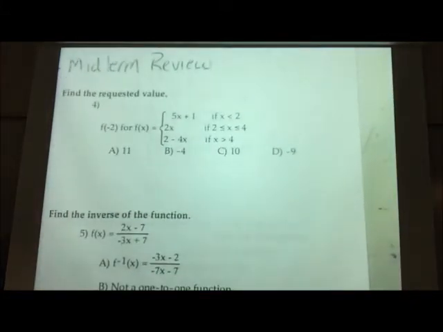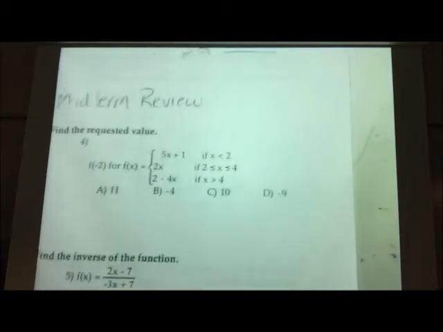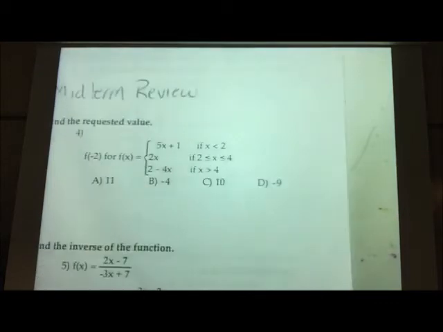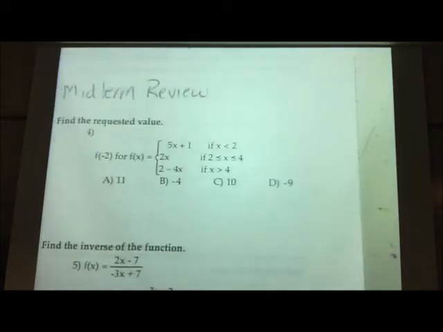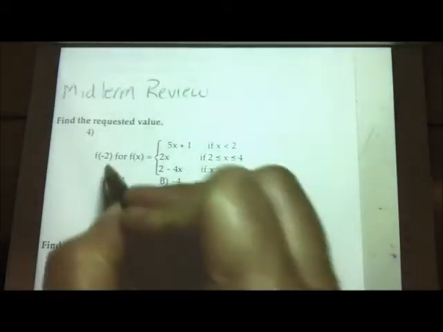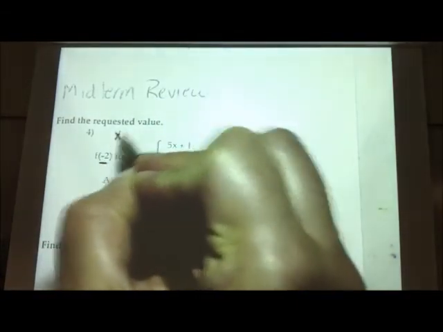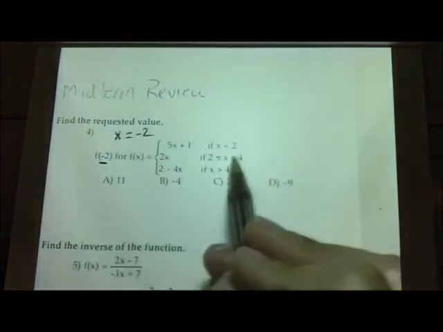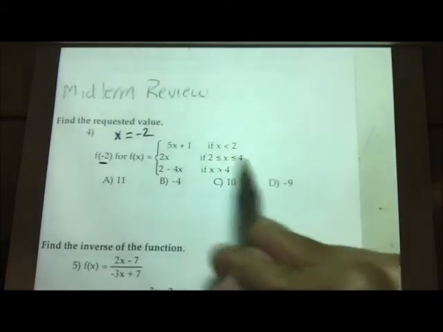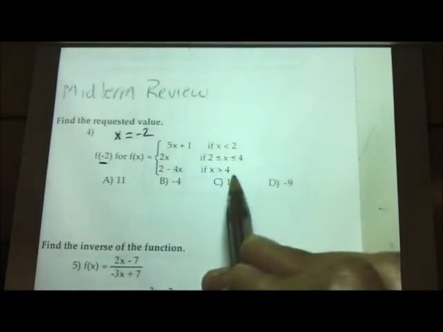Let's look at number 4. Number 4, it's a piecewise function, so depending on what we're looking at is which one we're going to use. So they tell you that the value of x is this number. If x is negative 2, is it less than 2, between 2 and 4, or greater than 4?